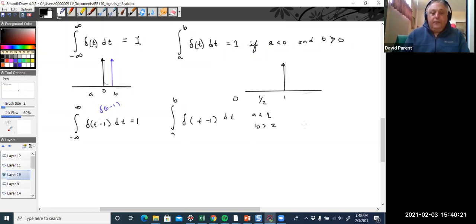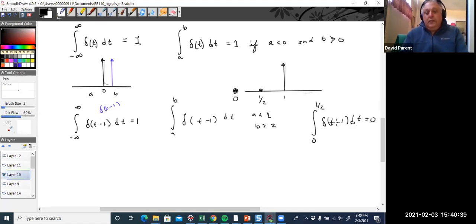So this equals 0, because I'm integrating from here to here, and it doesn't overlap the delta function, and so I get 0.